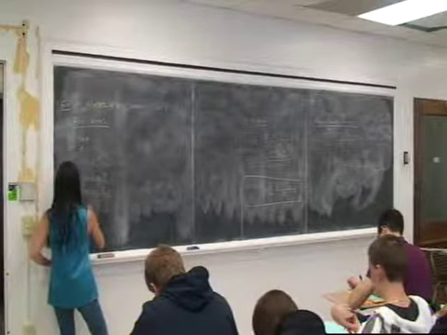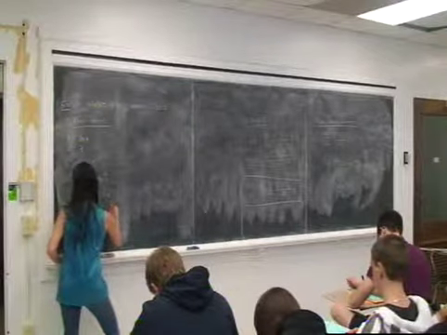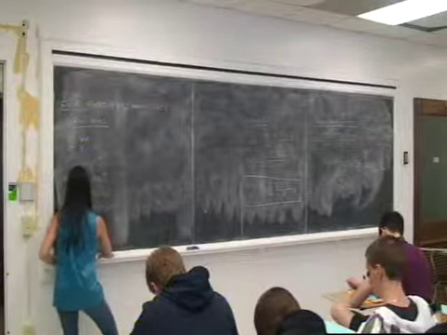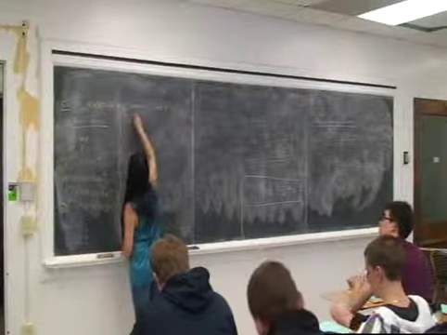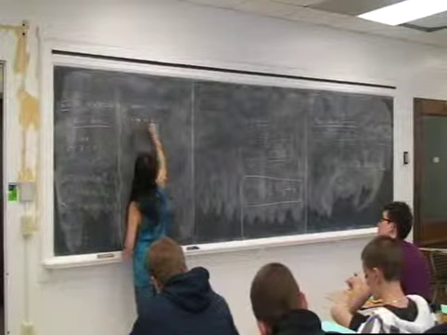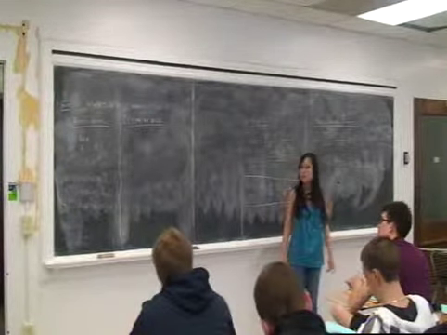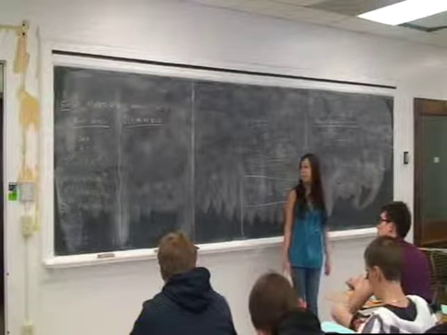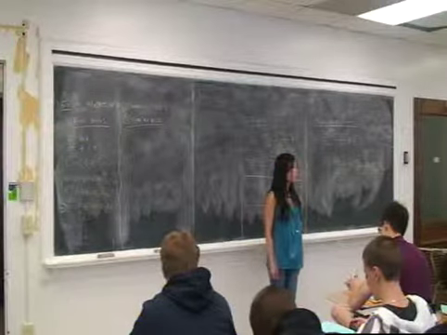So I have negative 4 times negative 3 times negative 2 times negative 1 times x to the negative 5. Questions?